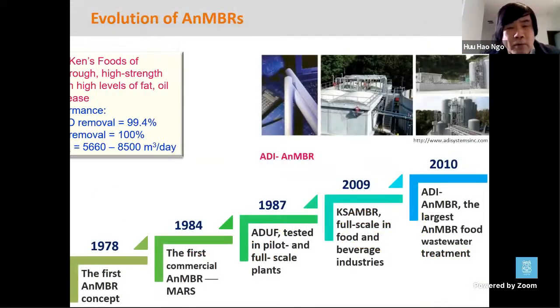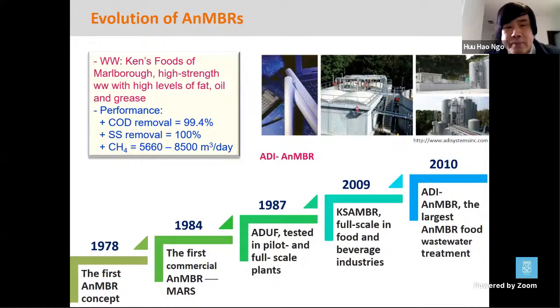Okay, so now we just see the whole thing about the evolution of the anaerobic MBR. It only started from 1978 with the first anaerobic MBR. And then Professor Hans, a very famous person at that time, invented the anaerobic MBR, only at lab scale.